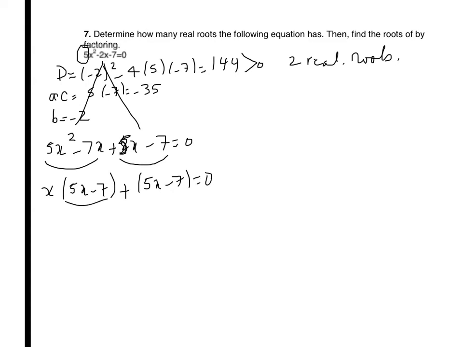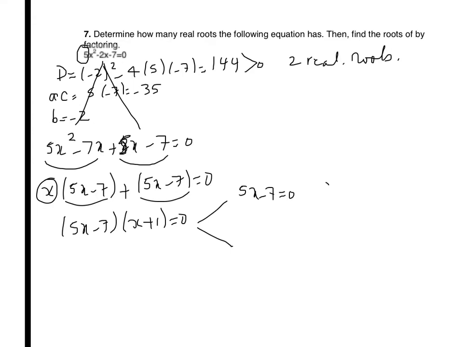Then I take 5x minus 7 and factor it out. I get 5x minus 7 times, from here I get x, from here I get 1, is equal to 0. As we said before, the product of two numbers is 0, so either or both have to be 0. So from this I get 5x minus 7 is 0, so x is 7 over 5. Or x plus 1 is 0, so x is -1.